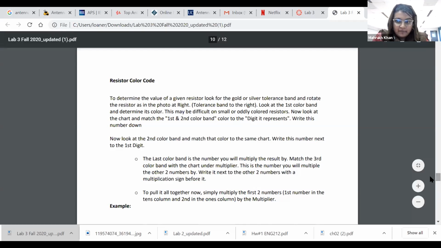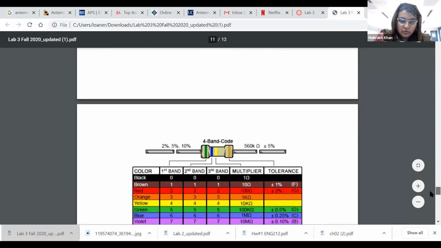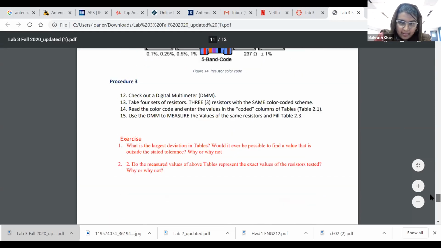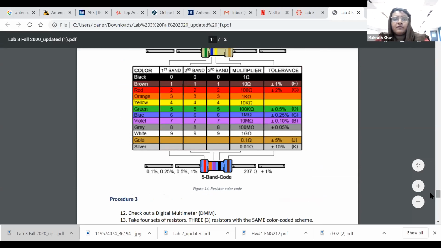Go towards this chart, like figure 14, and you can see there are first band, second band, third band, and the multiplier and tolerance. Each band has its own value. The first band in this resistor is brown. It's very thin, but it is brown.